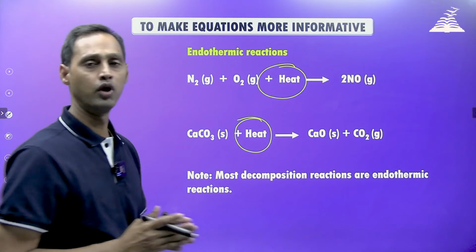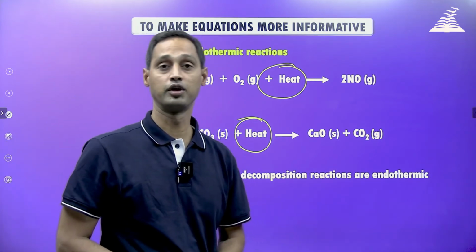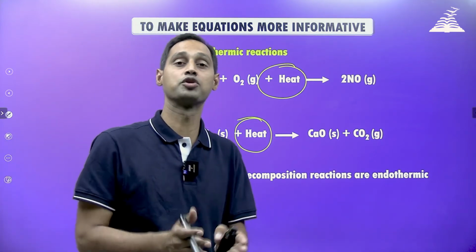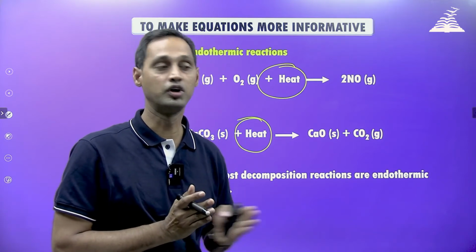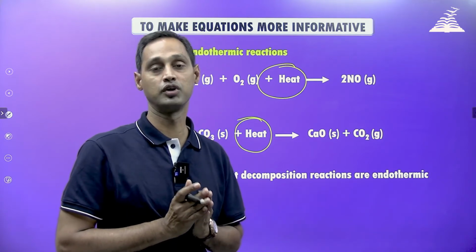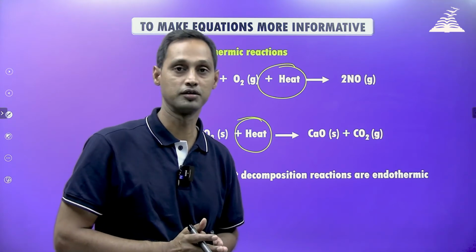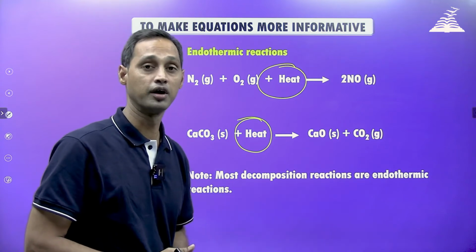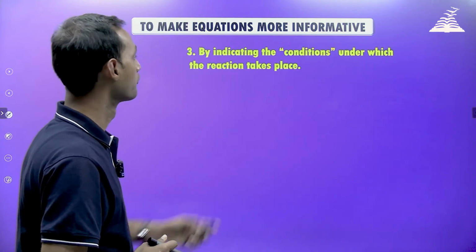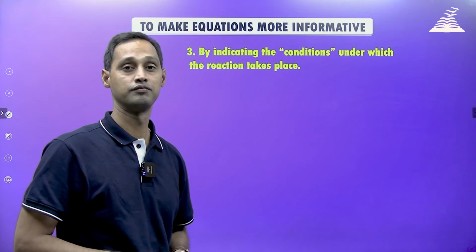And one more interesting thing is most decomposition reactions are endothermic reactions. For the decomposition of a substance, energy is required. So it always takes energy, so it is generally an endothermic reaction. Most decomposition reactions are endothermic reactions. Now, by indicating conditions under which the reaction takes place.